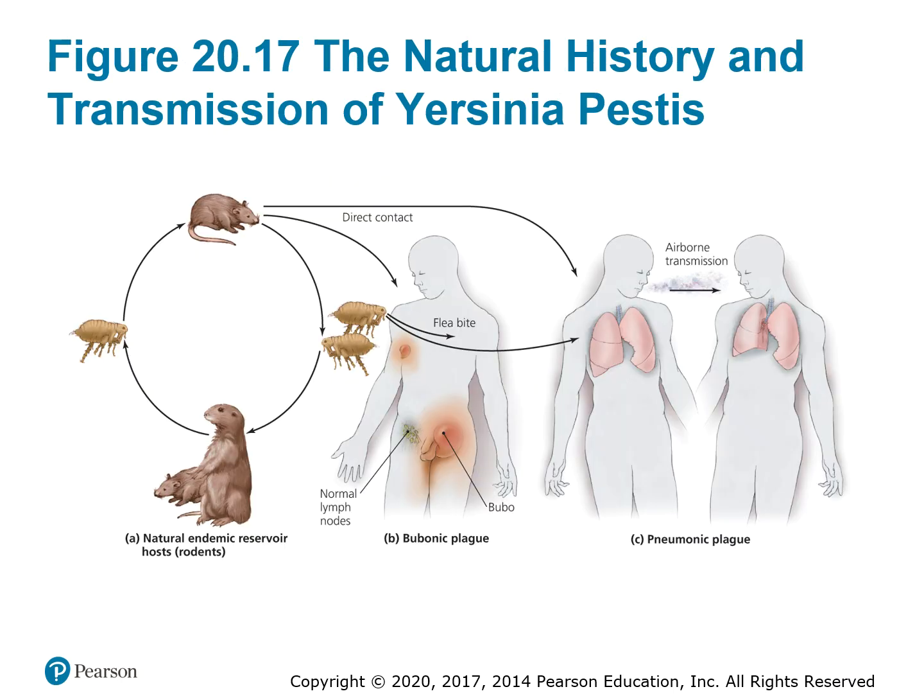Okay, so if you remember, we talked a little bit about the Black Death back in the history of microbiology at the beginning of the semester, and we talked about the idea that the causative agent of the Black Death or bubonic plague is Yersinia pestis. Yersinia pestis is transmitted by fleas.